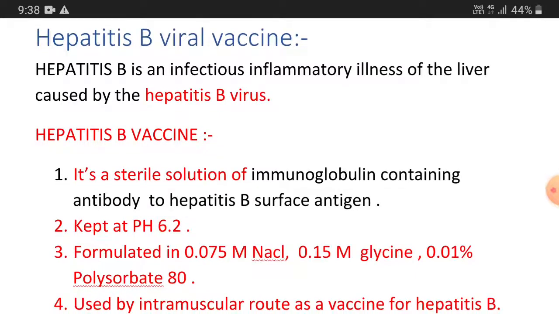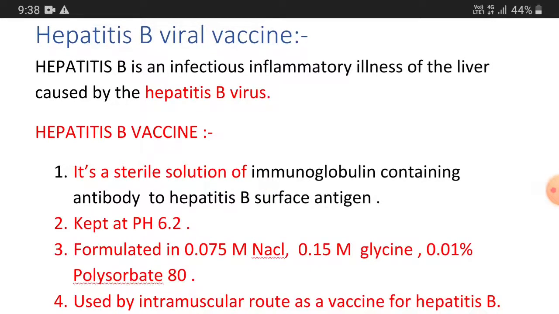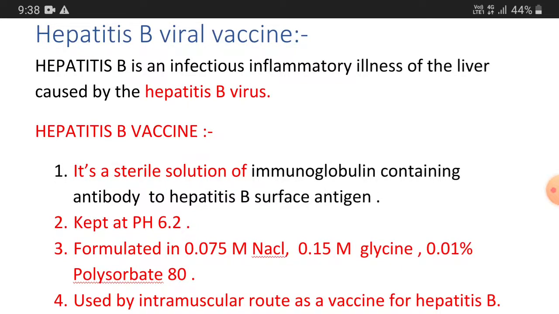Inside the body our immune system will recognize those inactive organisms, inactive pathogens or inactive viruses, and will construct its own defense system for that type of organism. As a result, whenever our body faces the same pathogen or virus again, the defense gets activated quickly. That is the basic idea of vaccine formation.